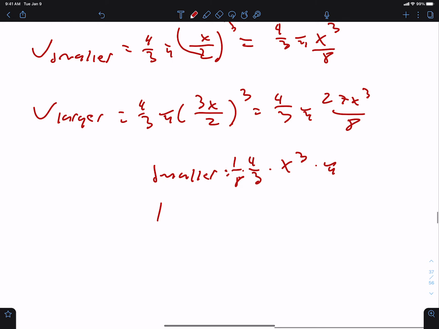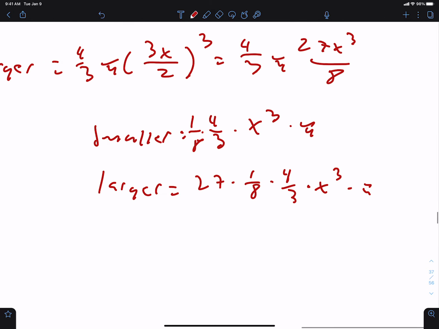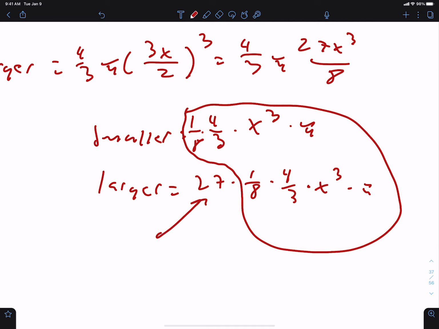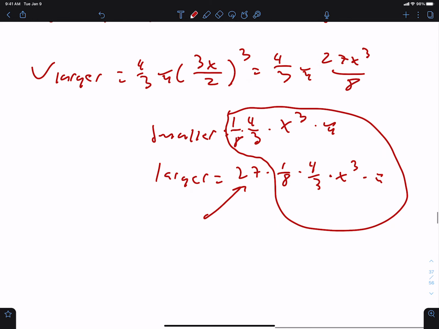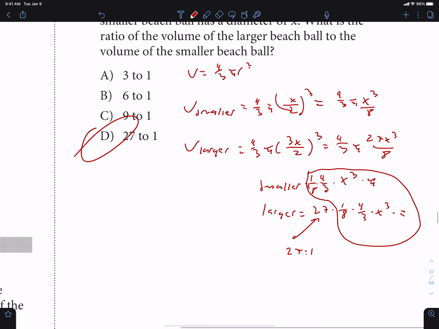And then for the larger beach ball, I'm going to get 27 times 1/8 times 4/3 times x cubed times pi. Now we see that these two are the same here, but the larger beach ball has a 27 on the outside, meaning that the ratio from larger to the smaller is going to be 27 to 1, because there's an imaginary 1 in front of this 1/8. Answer is going to be D.